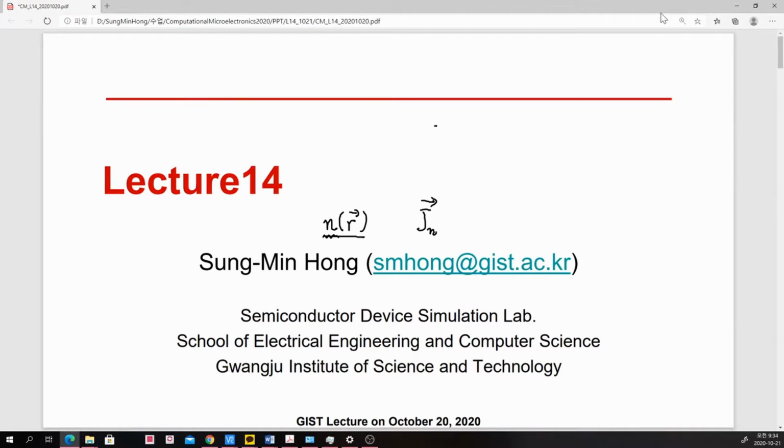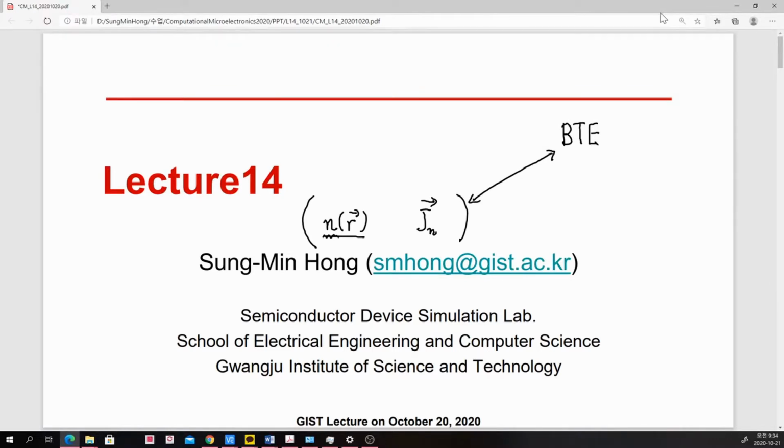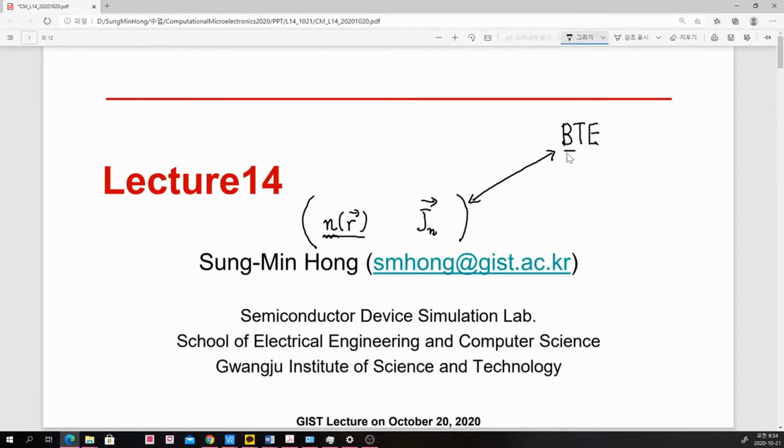Therefore, we have to develop a simplified equation for these quantities which is consistent with the Boltzmann transport equation. So how can we develop such a simplified equation, consistent with BTE?